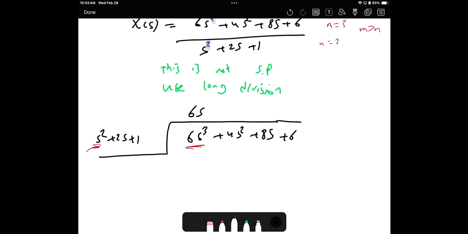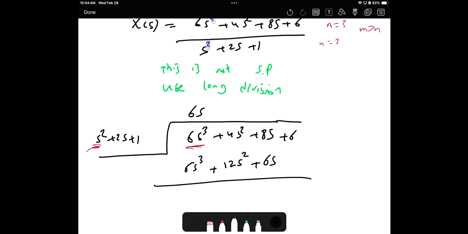Now, you can do the multiplication. 6s times s squared is 6s cubed, plus 2s times 6s will be 12s squared, then plus 6s times 1, plus 6s.